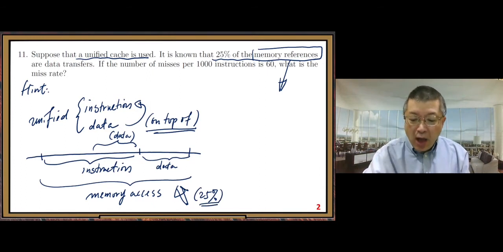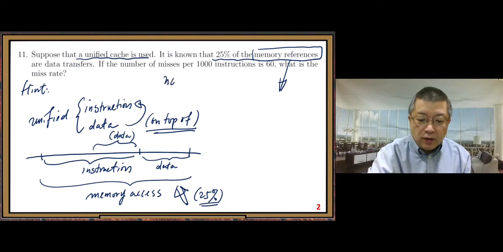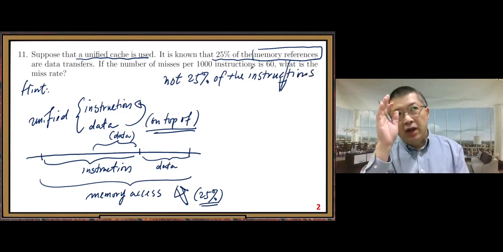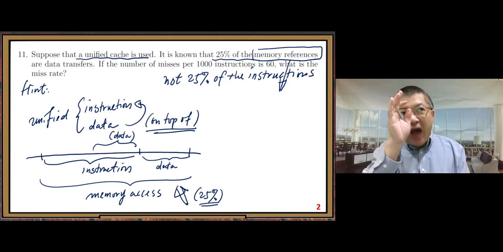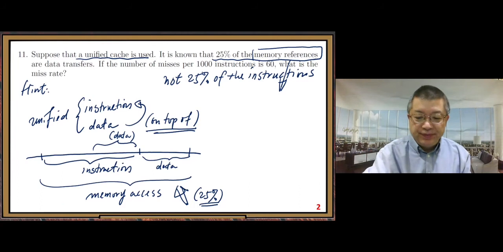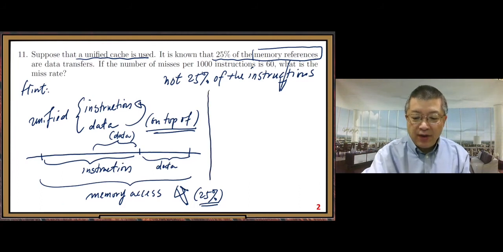So the first point: it is not 25% of the instructions. That's different. When you see that, you need to modify your diagram in this way.